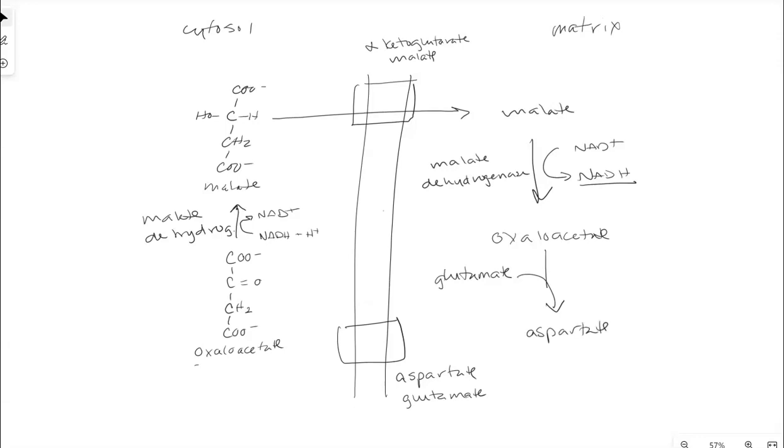The aspartate goes right through. And then, let me actually make a little bit of room here. And then the aspartate rebinds with alpha-ketoglutarate to form oxaloacetate and glutamate. I know, a little bit odd.